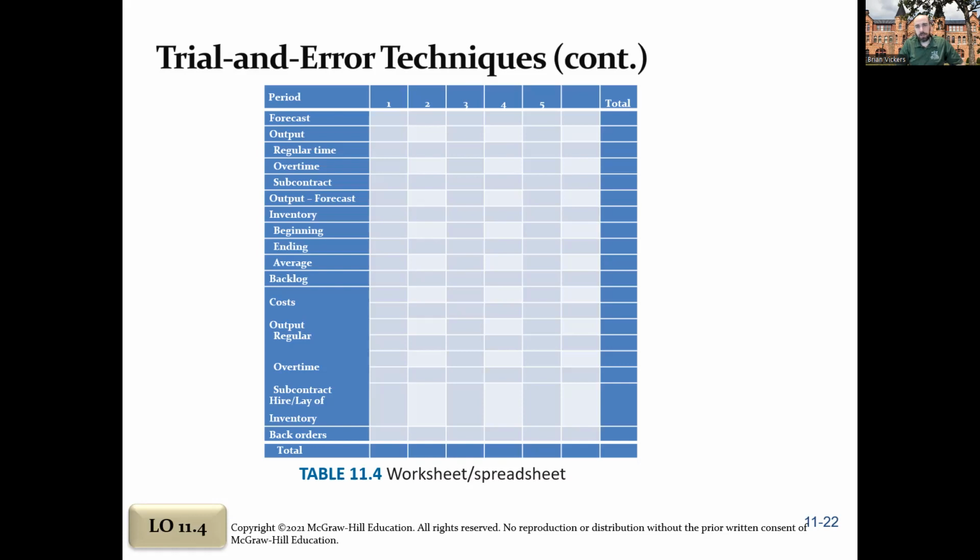Once you figure out all of your costs, you then arrive at the total cost. And again, with aggregate planning, you're concerned with the total cost, not cost for overtime, not cost for subcontracting, because at the end of the day, it's about the total cost. You've aggregated all of your items you produce into an item cost per unit, even though you make different products.